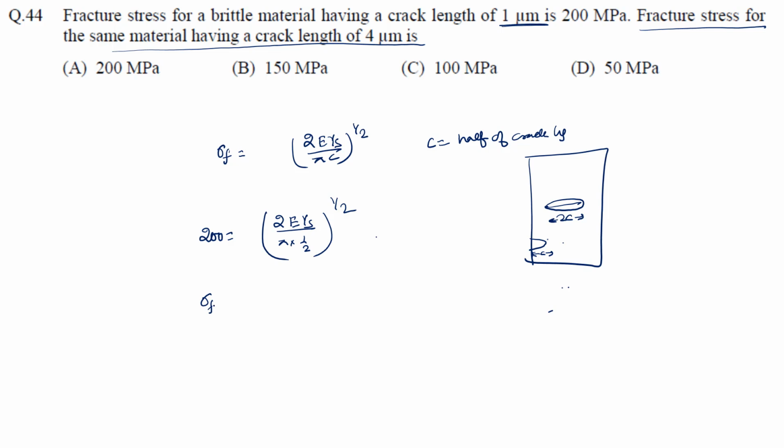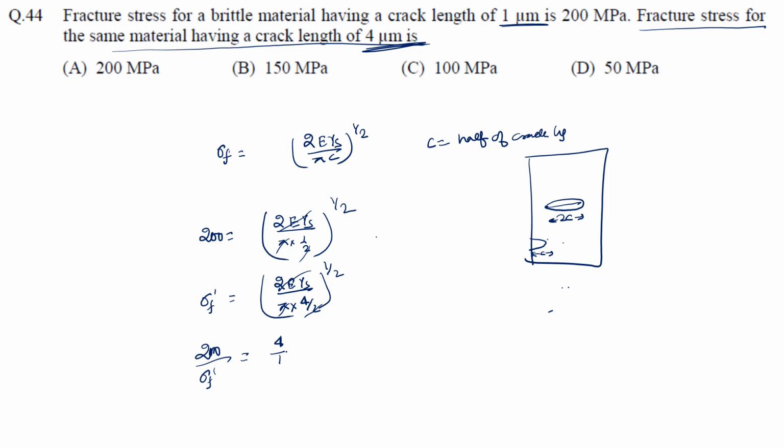So we don't know sigma f dash, let us write it, then 2E gamma s by pi into 4 by 2. Okay, crack length is given 4, so it will be 4 by 2. So now let us divide this. 200 by sigma f dash is equal to, this pi will cancel, 2 cancels.